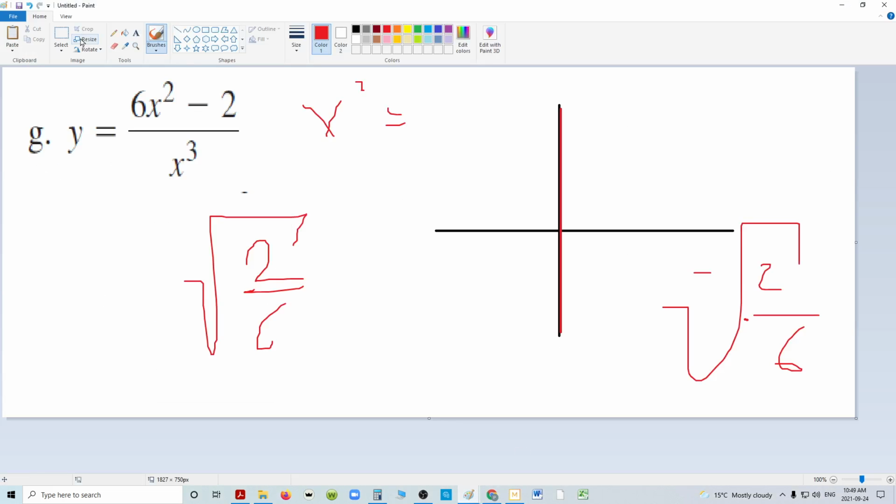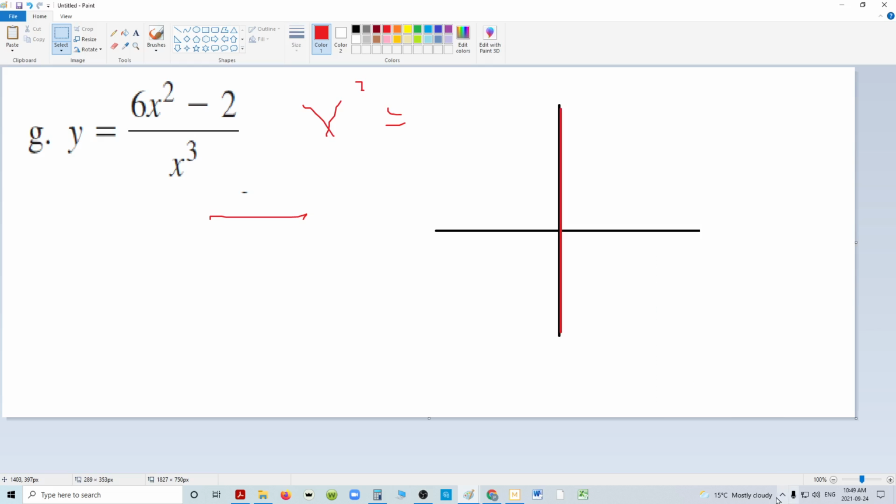I was going to see if, because I figured out the x-intercepts, and I know there's a max or min. Oh, when x is 0, there's no y-intercept. And we know there's a horizontal asymptote, and we know it crosses. I was going to do something else. Oh, no, I just did that. So I guess we go to derivatives, because we need to figure out the max or min. Oh, I know what I was going to do.